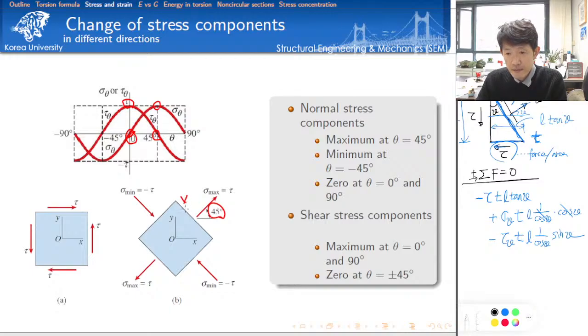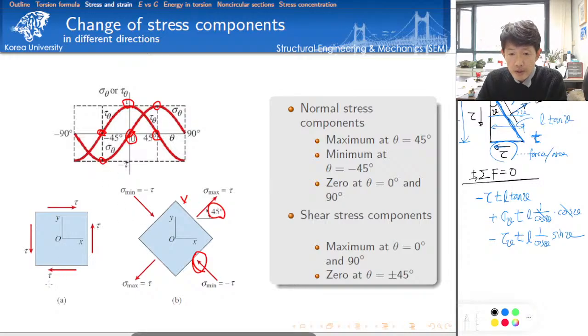Well, let's consider further. If you change the angle to minus 45 degrees, that corresponds here. Again, the shear stress becomes 0, and then normal stress becomes a minimum, minus tau value.